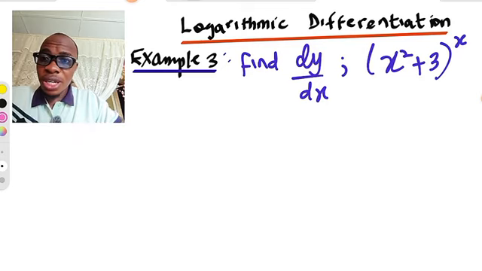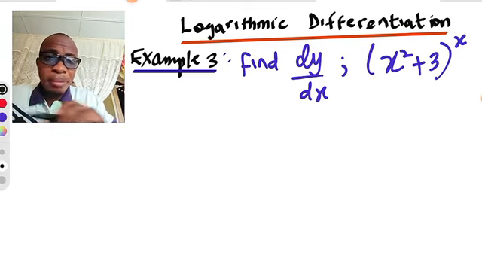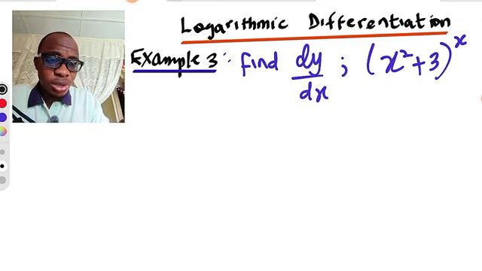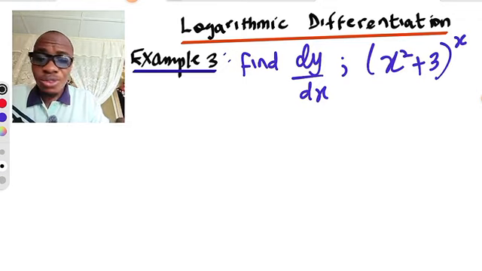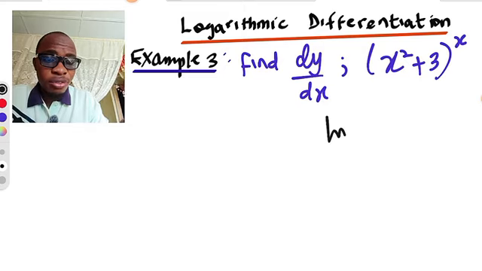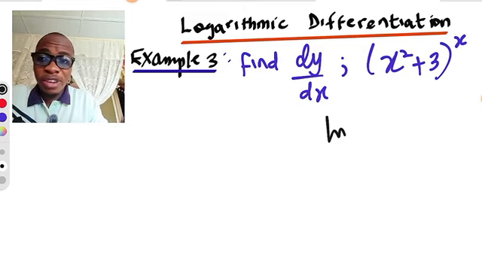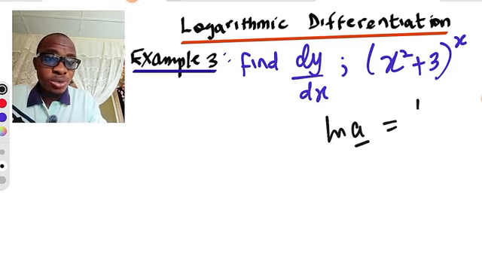The first thing I would like us to remember is this. Whenever you are asked to find the derivative of the function ln of, maybe, a, you differentiate the argument. The argument is a, and its derivative is 1.